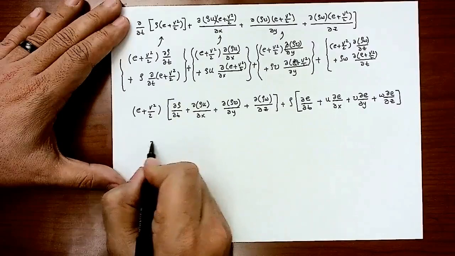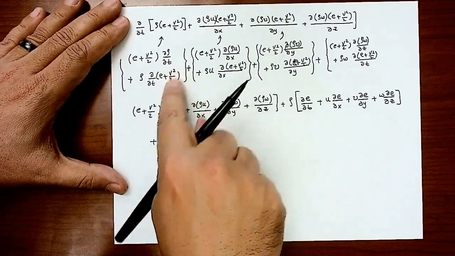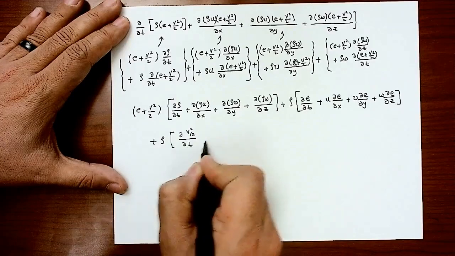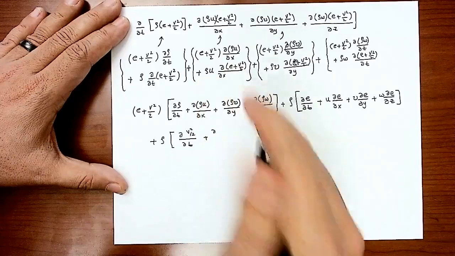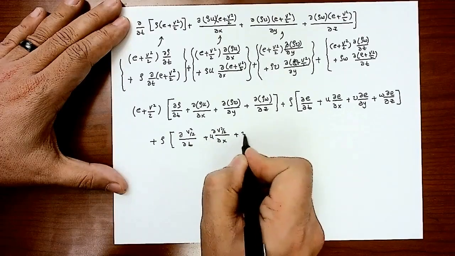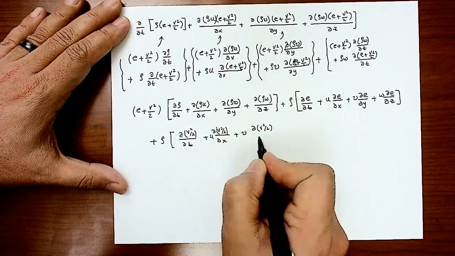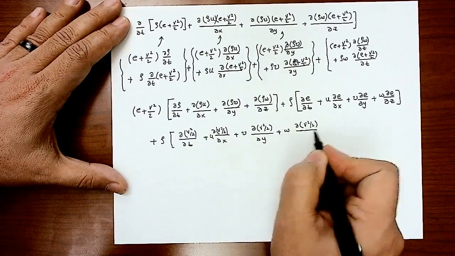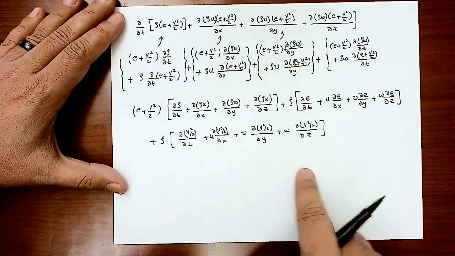I will have rho ∂(V²/2)/∂t plus U ∂(V²/2)/∂X plus V ∂(V²/2)/∂Y plus W ∂(V²/2)/∂Z. So these two terms became like three terms here.